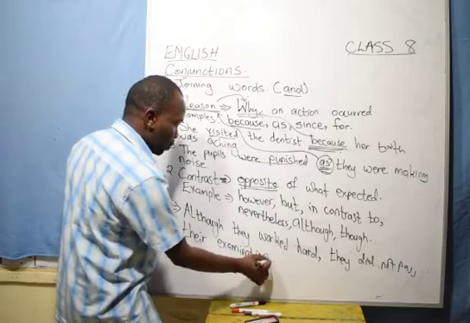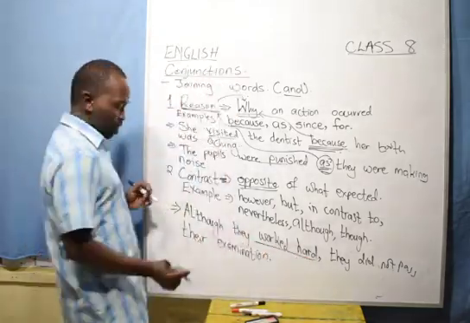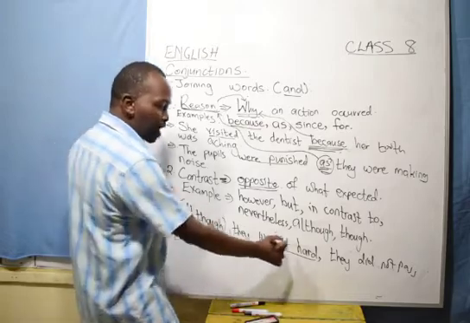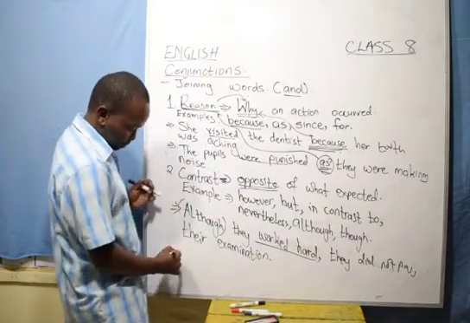So, because we expect when somebody works hard to pass their examination, but these ones did not. So it is a contrast. Although they worked hard, they did not pass their examination.